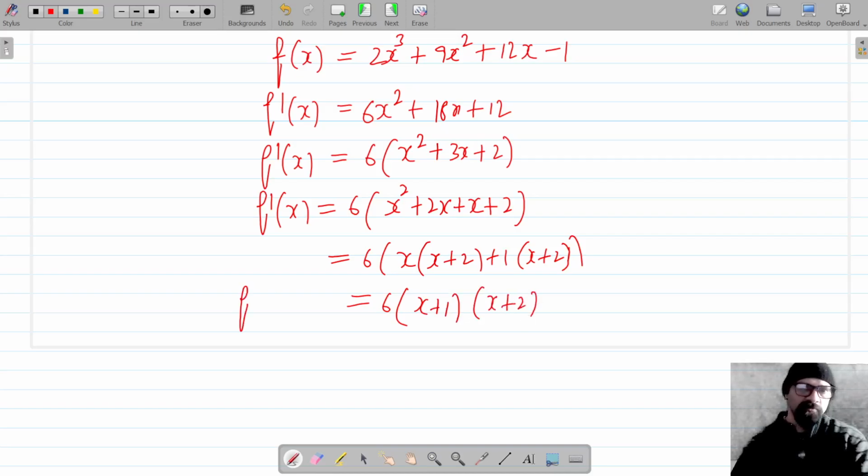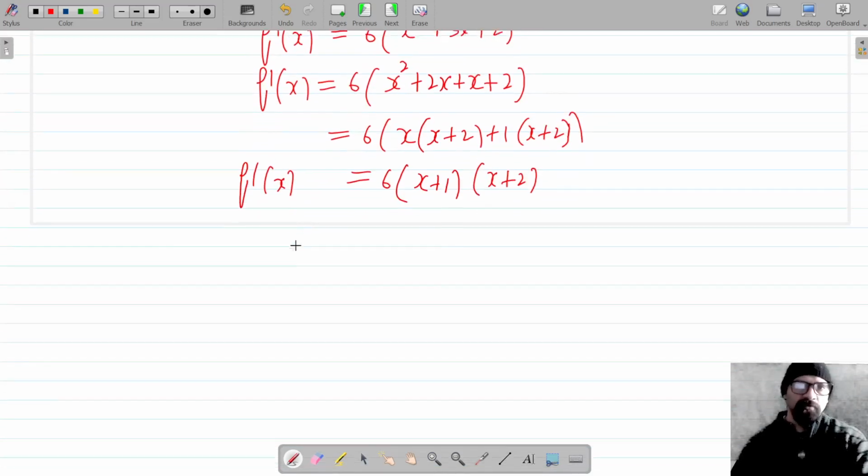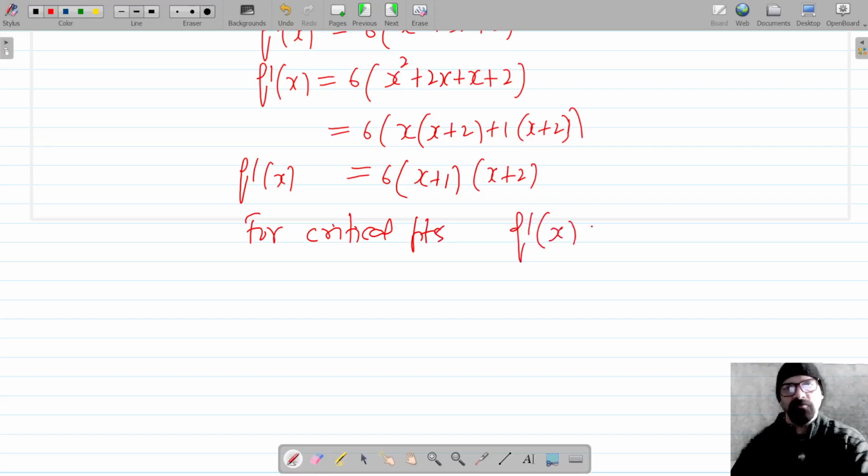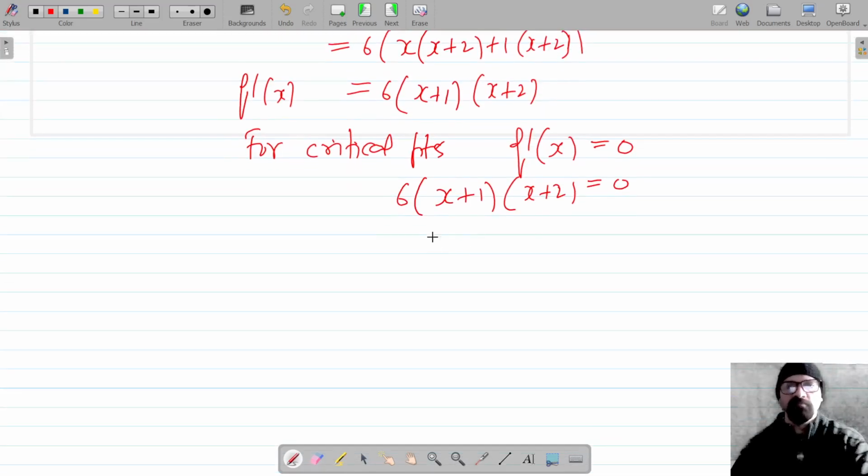And now let's find out the critical points, that is, for maxima or minima. For the critical points, f dash x should be equal to 0. So 6 into x plus 1 into x plus 2 is equal to 0, which gives me x is equal to negative 1 and x is equal to negative 2.